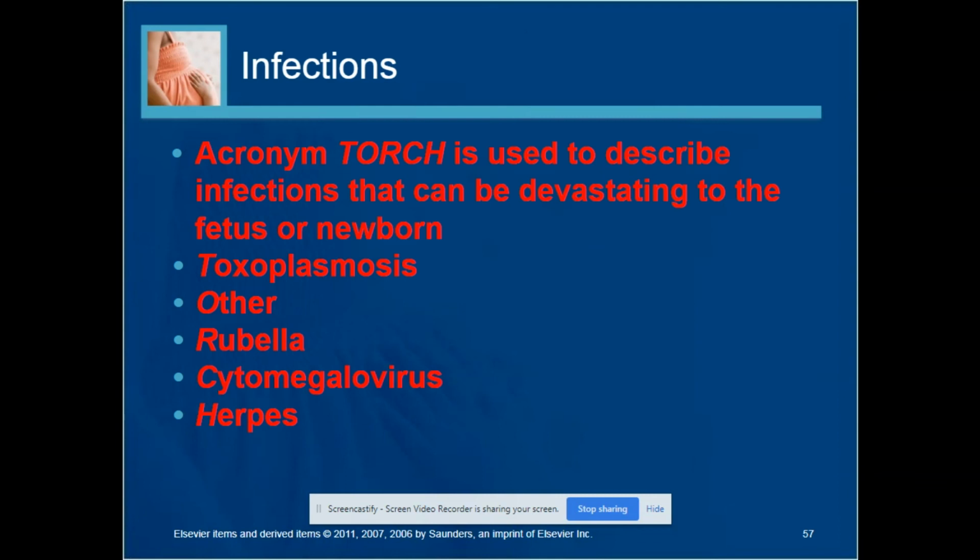Here is a handy-dandy mnemonic phrase for infections. It's called TORCH. The T meaning Toxoplasmosis. The O is for other. R is for Rubella. The C is for Cytomegalovirus, and the H is for herpes. These infections can be devastating to the fetus or newborn.